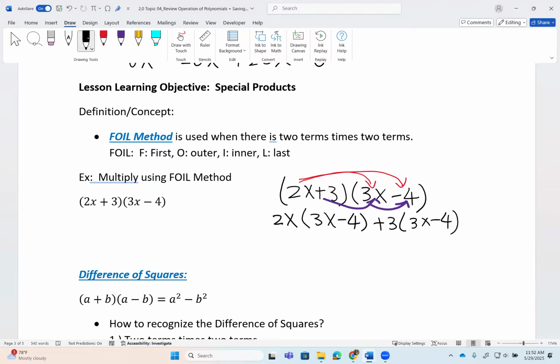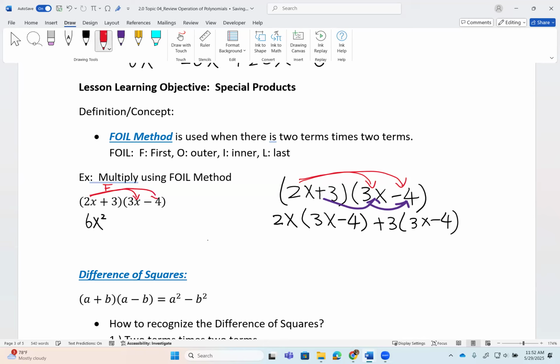So the first thing you do is 2x times 3x. That's what's called F, first. X times x is x squared. 2 times 3 is 6, so 6x squared. Outer, the two outside terms multiply together.